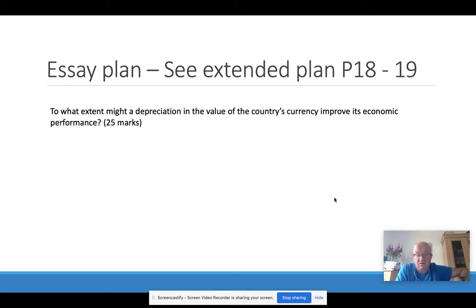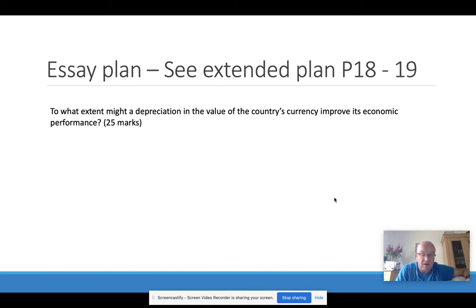We've got to consider what depreciation in the value of a country's currency is, maybe produce some sort of definition, and why a government or a country might choose to do that, and then how it could potentially improve its economic performance. So it's quite a general question. A 25 mark question tends to be fairly general. But what we suggest you do is go through the process of, number one, defining the term depreciation.